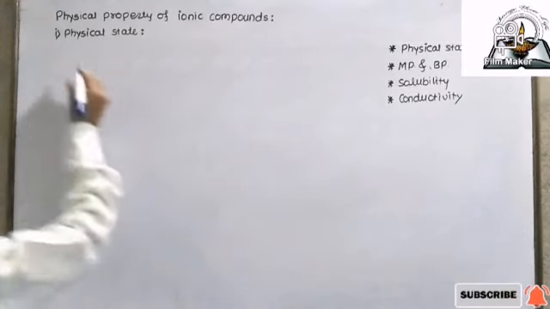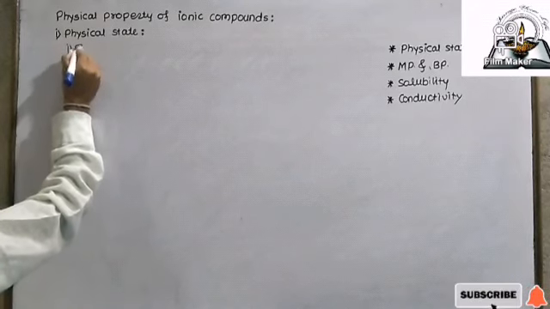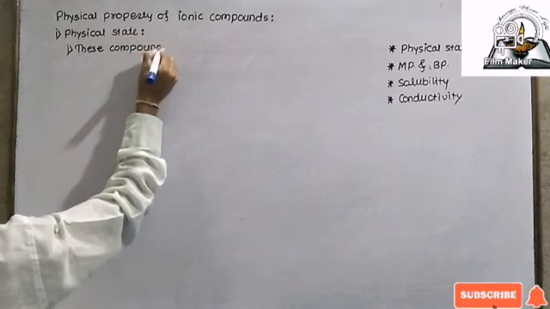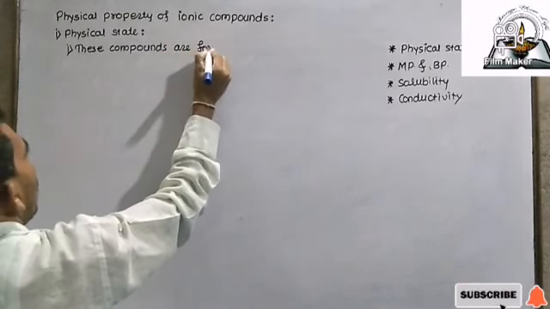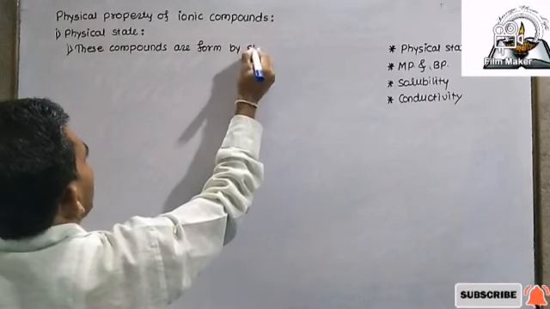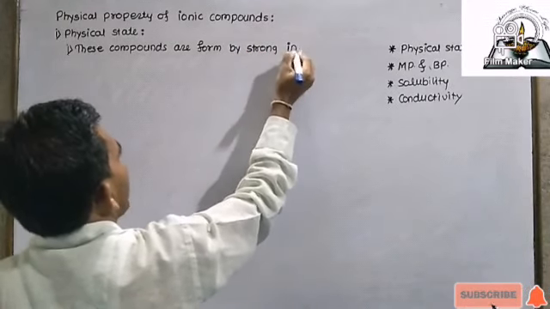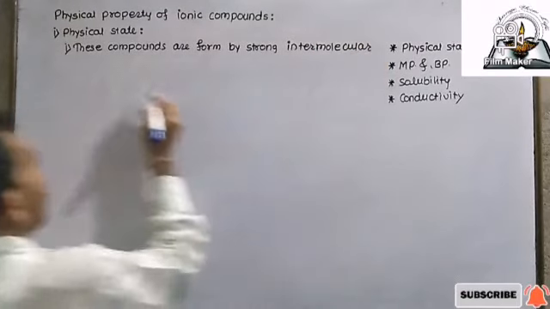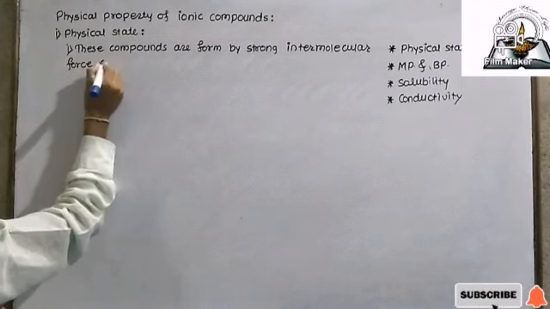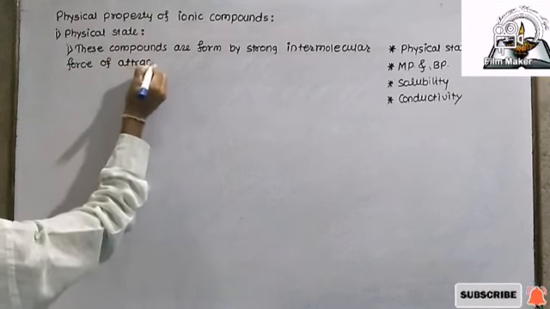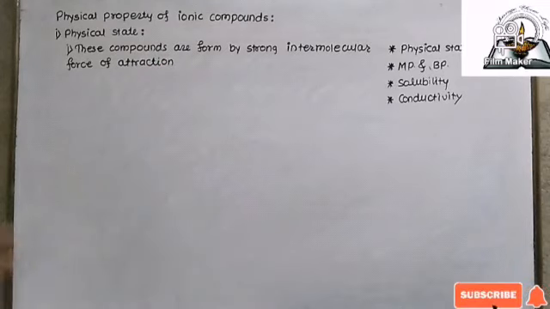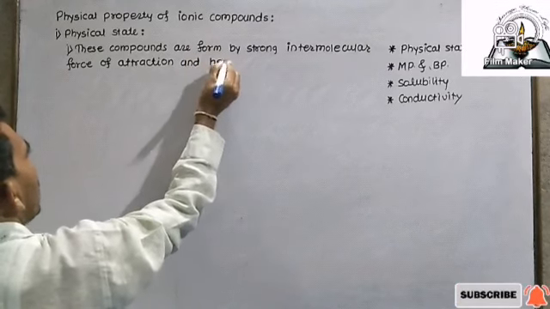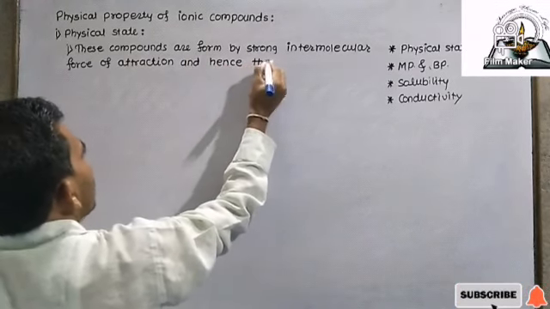So we can write that these ionic compounds are formed by strong intermolecular force of attraction, and hence these compounds are in solid state.